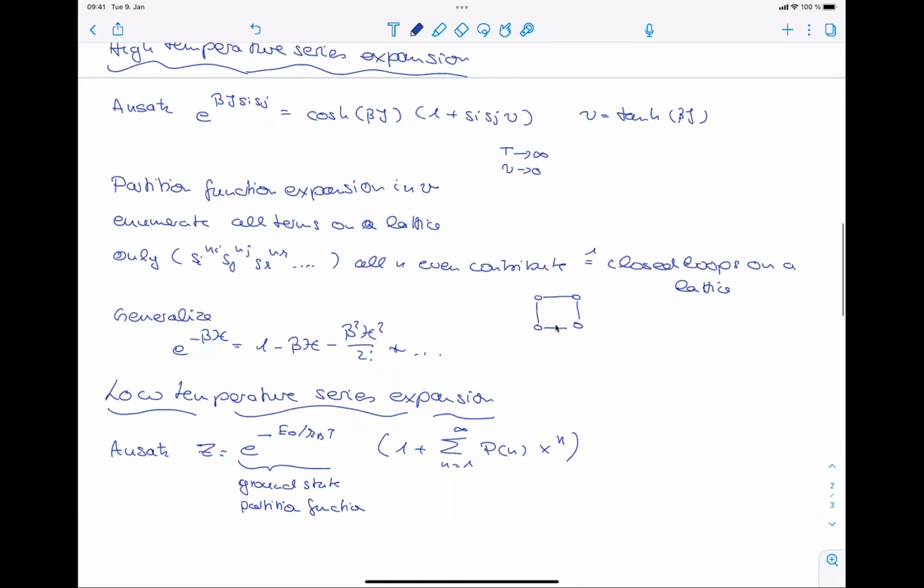So these are then the Boltzmann factors of spin flip configurations, where x is e to the minus 2 J beta for the 2D Ising. The energy cost I have to pay for a bond mismatch.